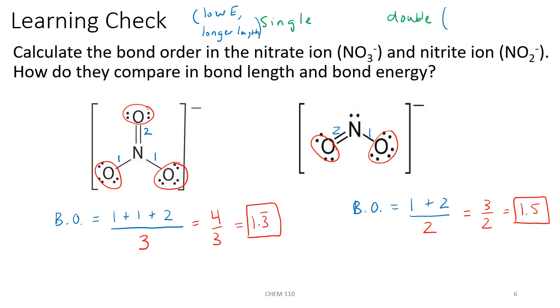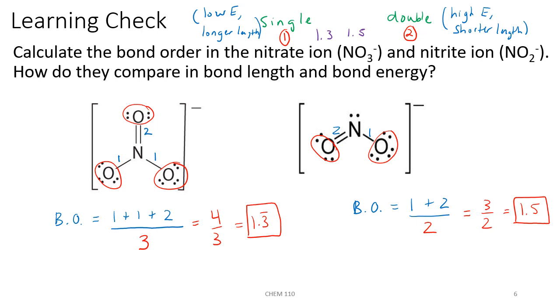Whereas our double bond is going to be higher in energy, and it's going to be shorter in length. A pure single bond would have a bond order of 1. A pure double bond would have a bond order of 2. We just calculated our bond orders for NO3- and NO2-, and we can see where they fall on this scale. We would have 1, and then 1.3, and then 1.5, and then up to 2.